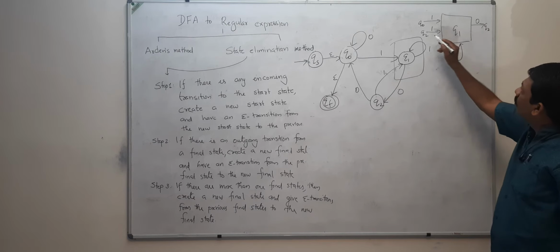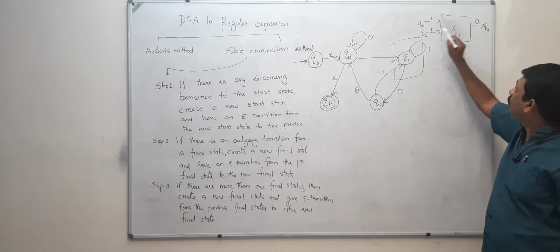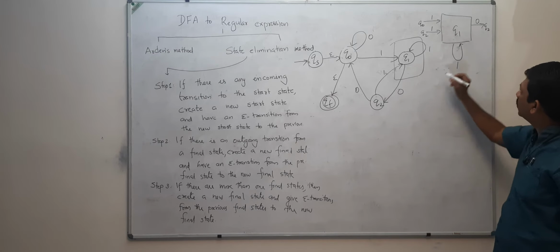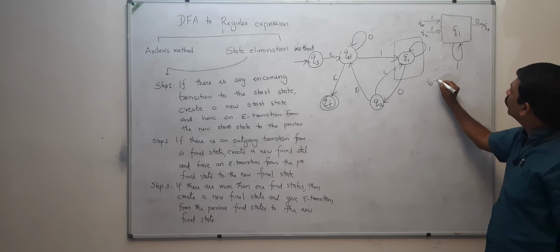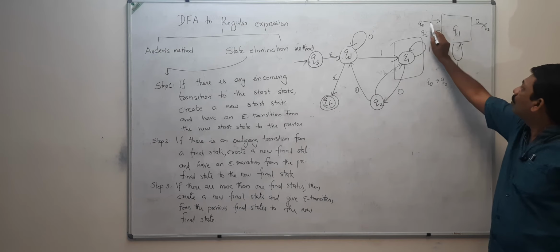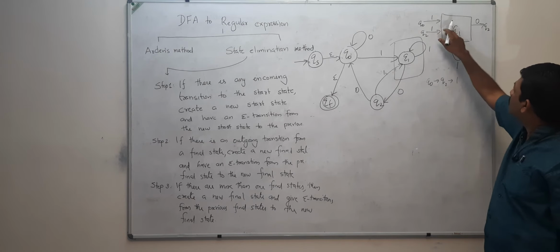Now, if I am eliminating this, there should be a path from Q0 to Q2, and another path from Q2 to Q2. From Q0 to Q2, the path is Q0 on 1 reaches here.